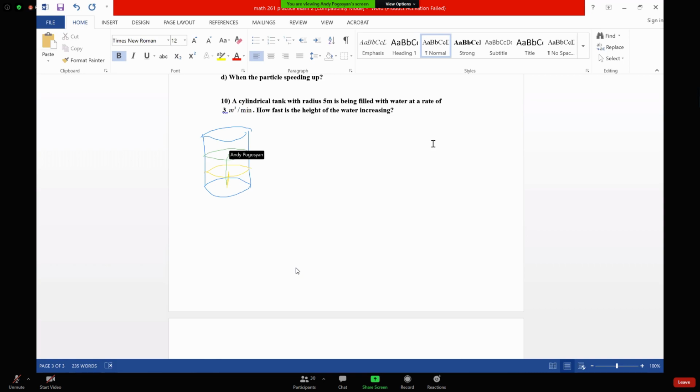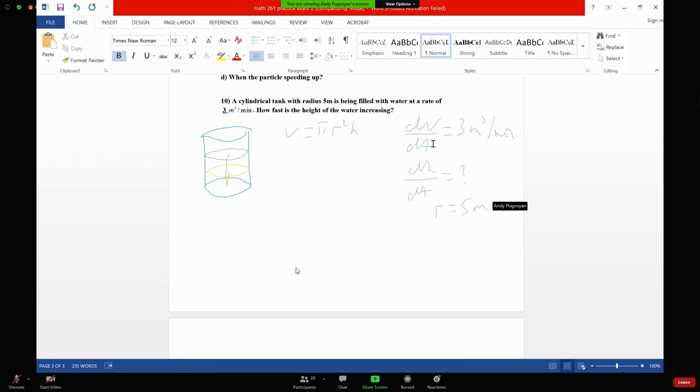Now, volume equals pi r squared h. Radius is given to you, it's constant. And dV/dt is given to you. It's 3 cubic meters per minute. dh/dt is the question mark when r equals 5 meters.